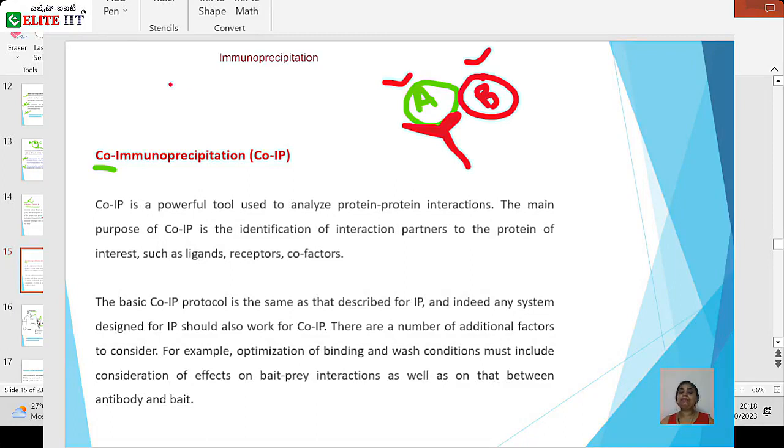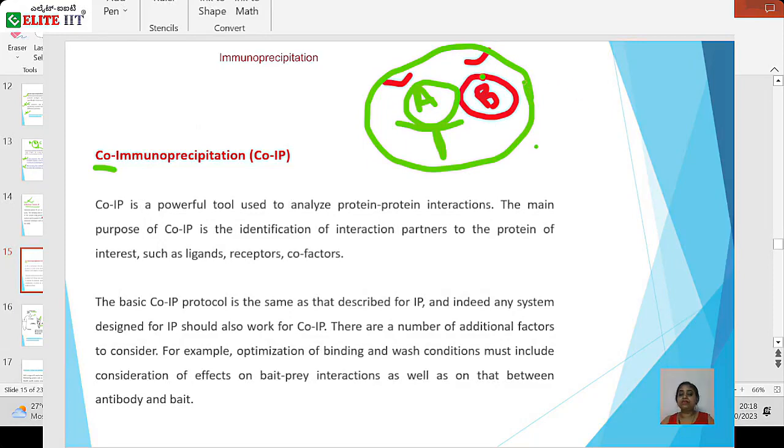How is it possible? First of all, you have only antibody against A antigen. You don't have antibody against B antigen. So first you add antibody against antigen A. Then what will happen? If A is attached with B, they precipitate together.